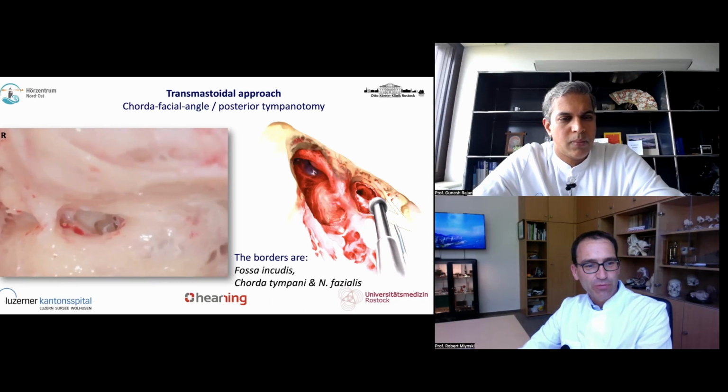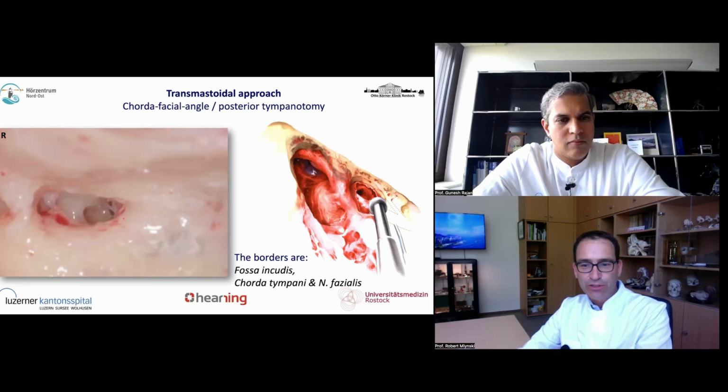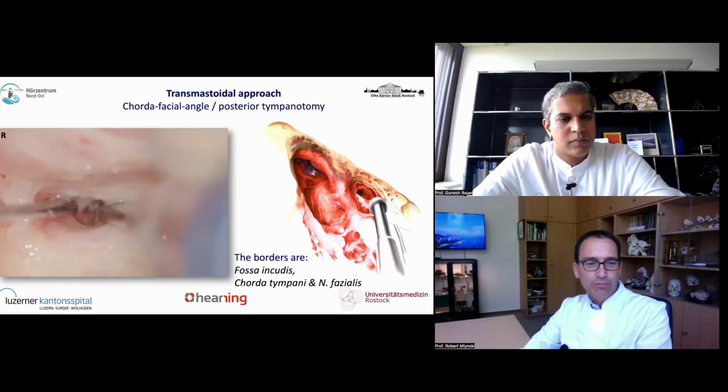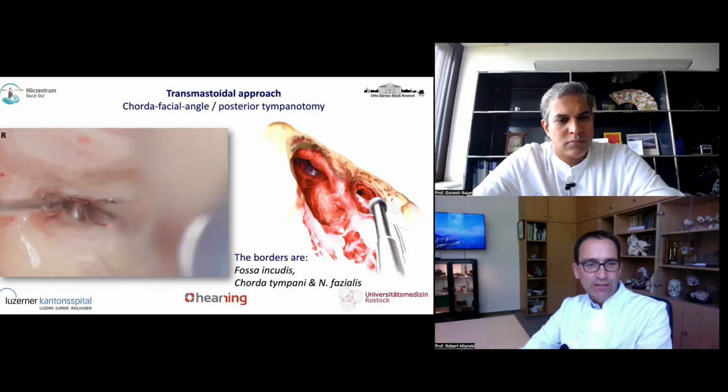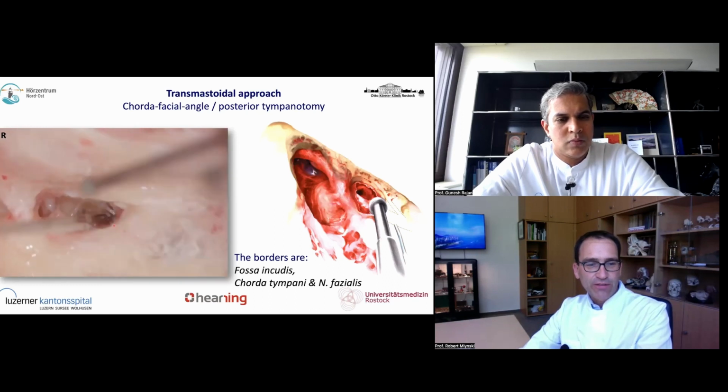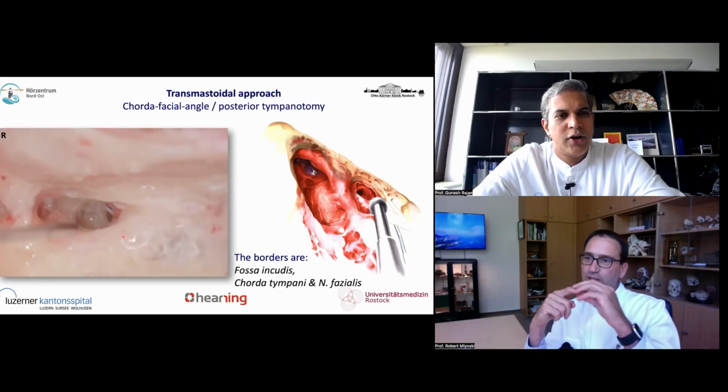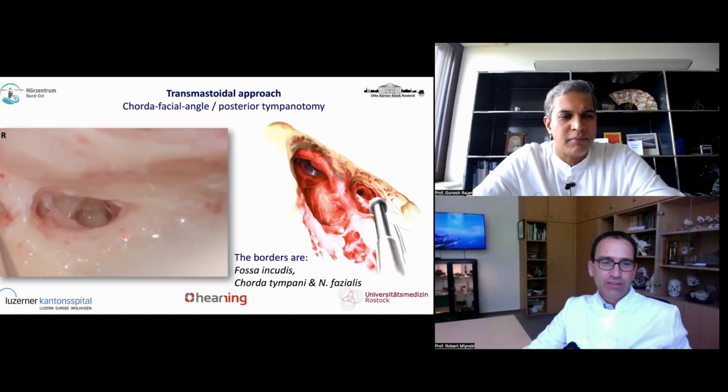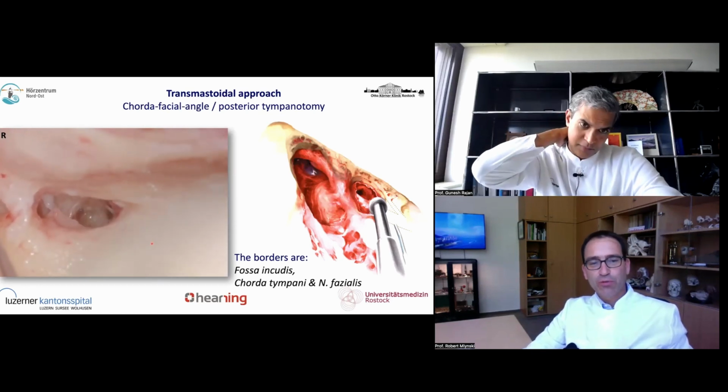You have the pyramidal eminence, the incus head, the posterior arc, and then the round window niche. If ever possible, leave bone on the facial nerve. Also, when drilling in the facial recess, watch the shaft of the burr. Yes, exactly, you get heat problems here.